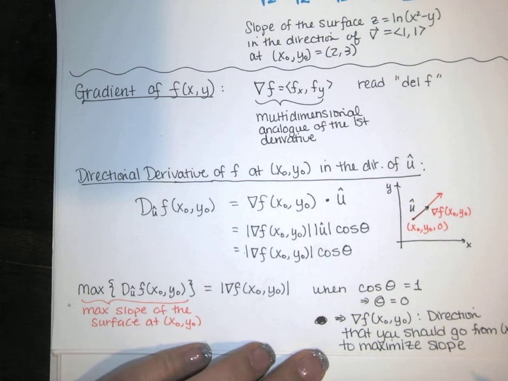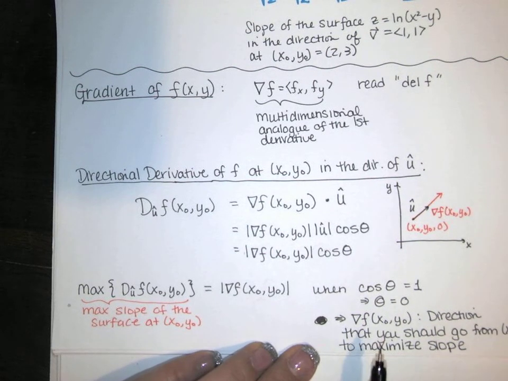And that's a very wordy way to say go that way and the z-values will go up as much as possible from x naught, y naught.